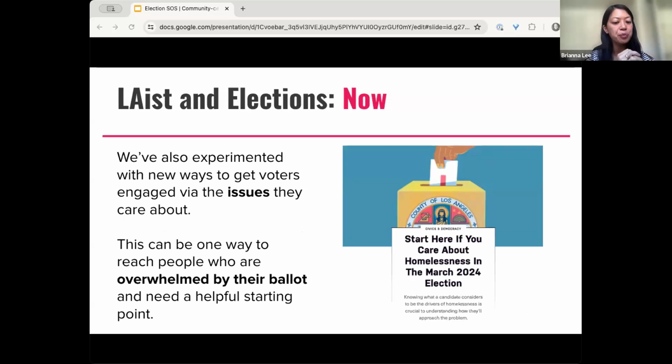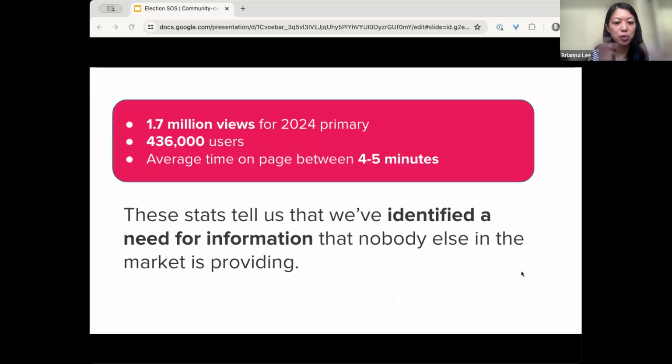We produced a series of guides based around some core issues: homelessness, housing affordability, climate change, public safety. If this is your top issue, these 4 races are the ones that probably have the most direct impact on it. Here's how, and here are the questions that tend to divide candidates, where they tend to show their differences the most.